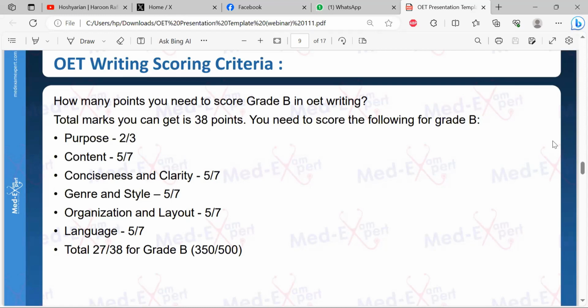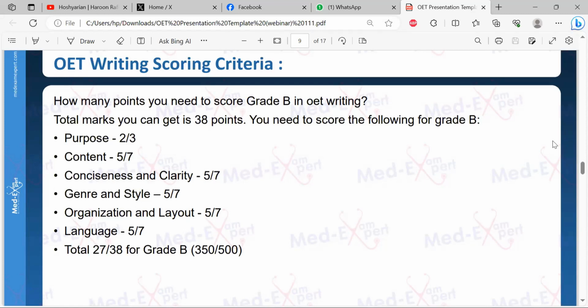You need to score the following for grade B. First of all, in OET letter writing, there is a criterion which is purpose. And trust me, I used to reiterate this to my course students and to any other student, including mock students. If your purpose is written beautifully, and it has the things which the examiner wants to see, trust me, you are going to get 2 out of 3.